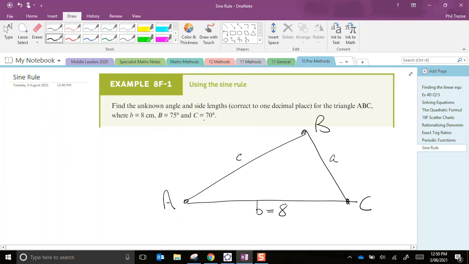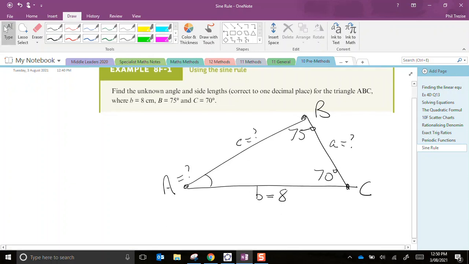I do have that the angle at B is 75 degrees, and I do have the angle at C is 70 degrees. Now, I do not know the angle at A. I do not know the length of c, and I do not know the length of a. They're the three things that I need to figure out if I'm going to solve the triangle. The question said, find the unknown angle and side lengths. So I have three things to find.